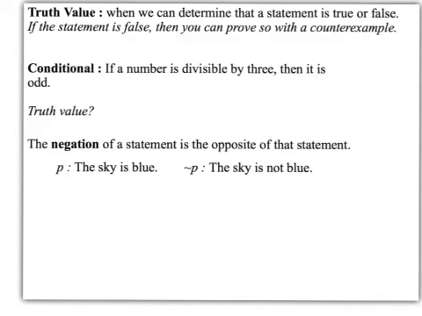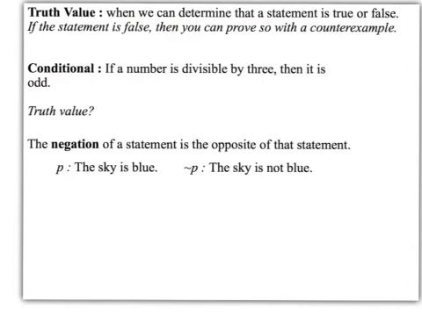So this brings us to a little bit more about truth value. So truth value is when we can determine that a statement is true or false, and if the statement is false, you can prove so with a counterexample, which we've already talked a little bit about. So let's say we're given the conditional, if a number is divisible by 3, then it is odd. What is the truth value of this statement? Well, let's just think of a few examples. What numbers are divisible by 3?